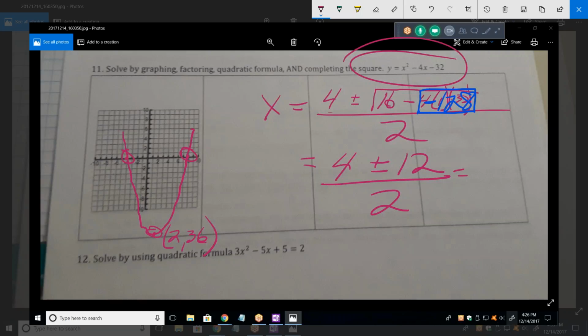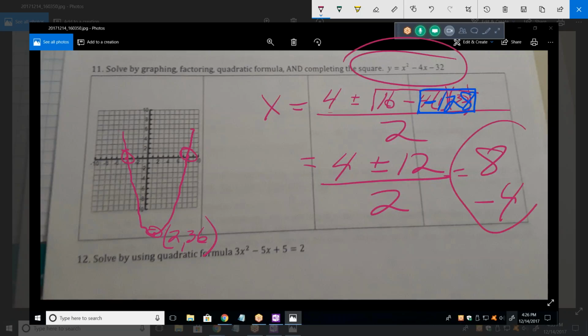So x equals 2 plus 6, and x equals 2 minus 6. What answers does that give you? Your teacher never accepts that answer. If you give 2 plus 6, you're losing points. So 8 and then negative 4.